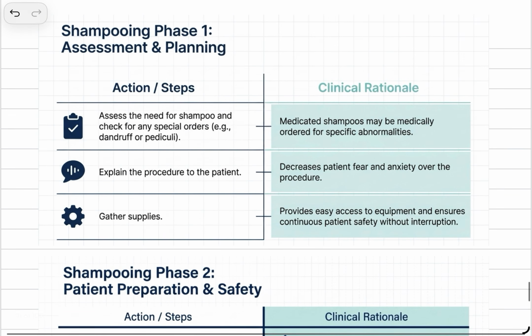First one, assessment. Everyone knows that we need to assess the patient. Why do we need to assess, sir? Suppose the patient has pediculosis, that means lice are there. If lice are there, you should not shampoo first, or do any combing, you should not comb. Why?